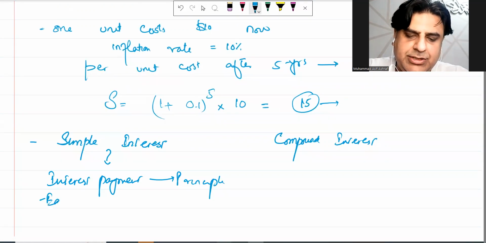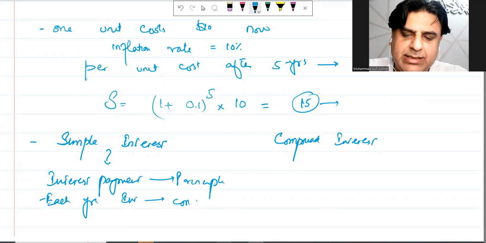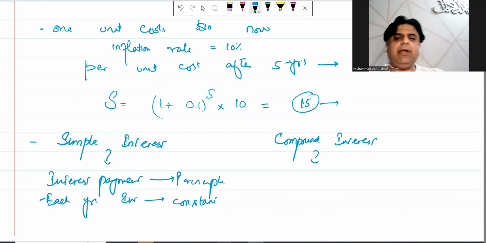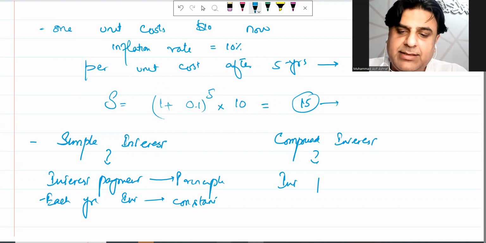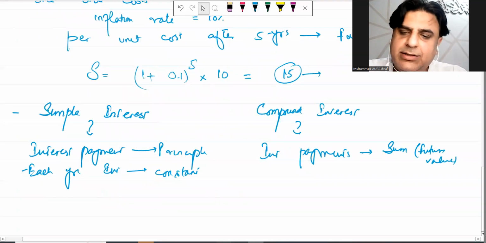This means that each year the interest payment will remain constant. But in compounding, or compound interest, interest payments are not based on the principal, they are based on the sum value, meaning they are based on the future values. So each year's interest payments are not the same.